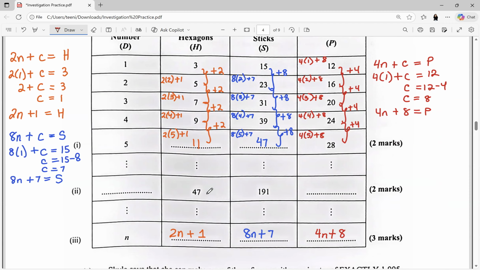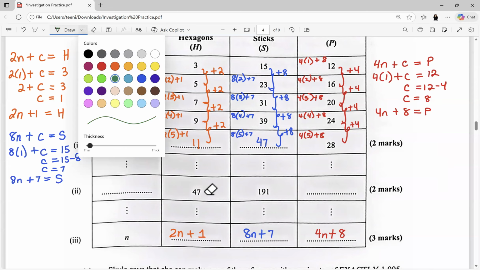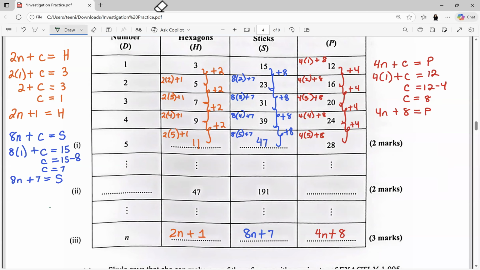The hexagons rule is 2n plus 1, right? So when the number of hexagons is equal to 47, it means 2 times whatever the diagram number is, plus 1 will give me 47. So I write that equation.